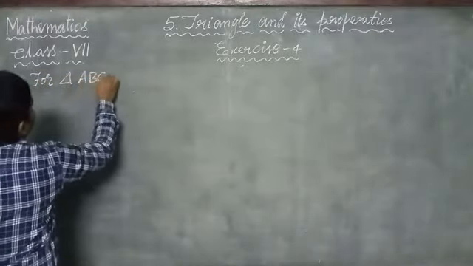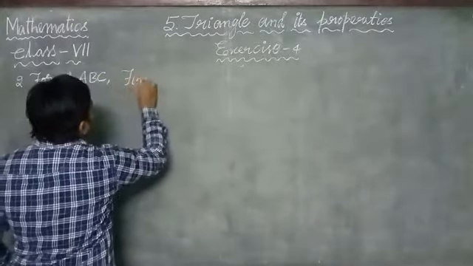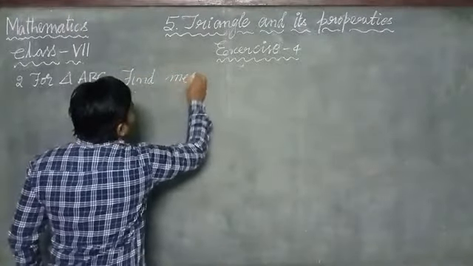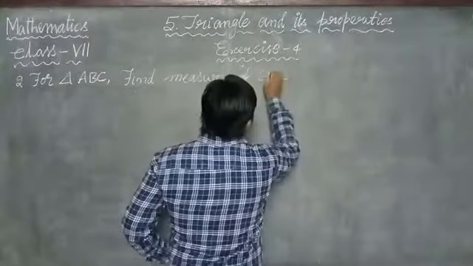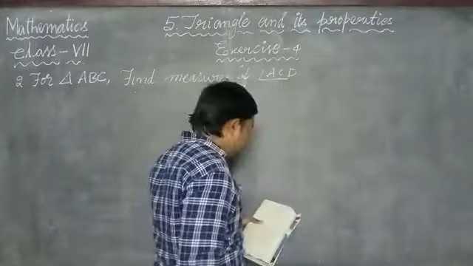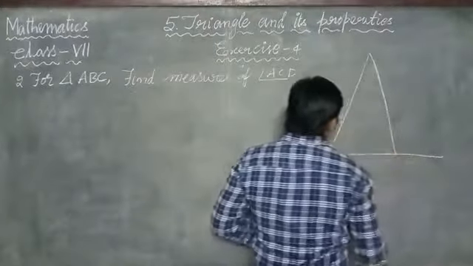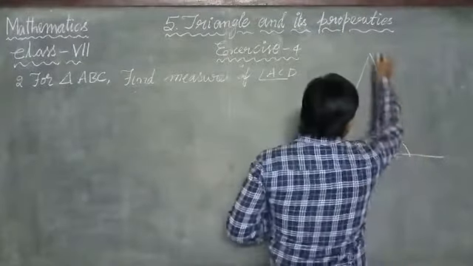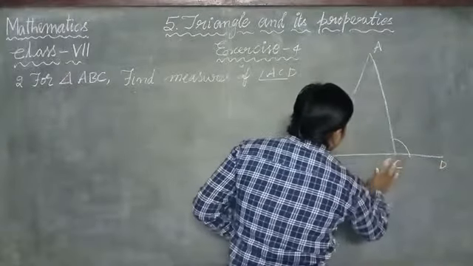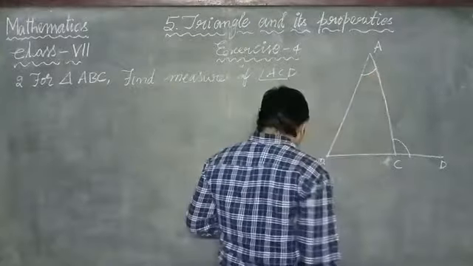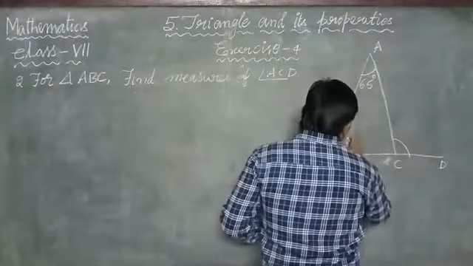For triangle ABC, find the measure of angle ACD. Here they have given the triangle, and they have given angle A as 65 degrees and angle B as 45 degrees.